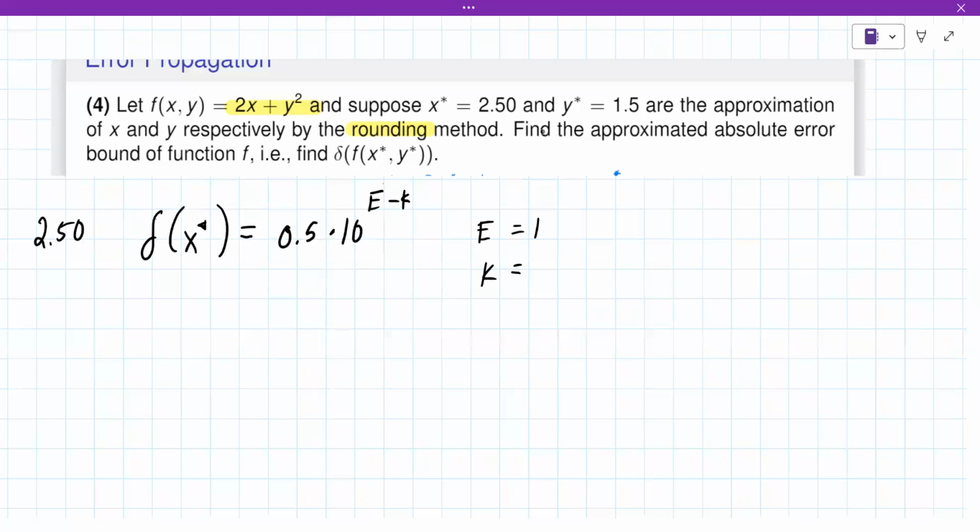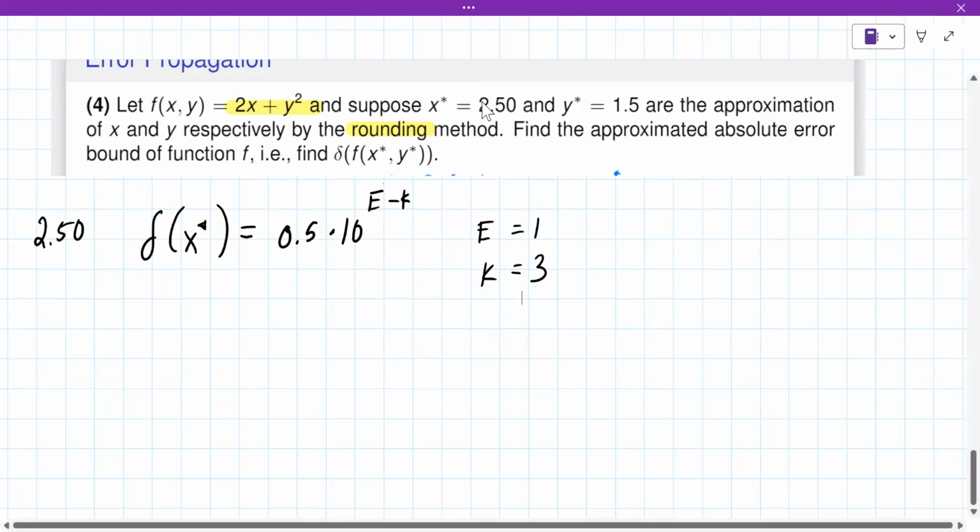So for 4.1, e is 1. k is the total number of significant digits.